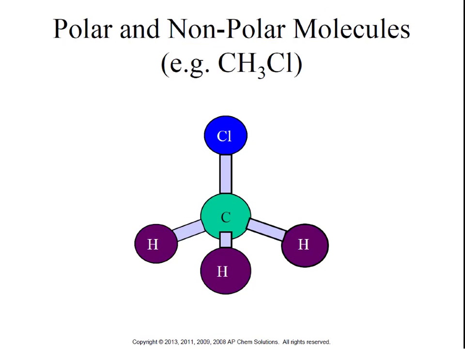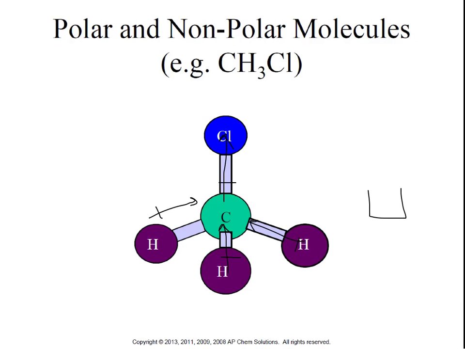However, it's not just the shape, it's the arrangement of the shape as well. Here's another tetrahedral molecule. We've got carbon bonded to hydrogens and to chlorine. Carbon is more electronegative than hydrogen, which means that the carbon is going to pull the electrons towards it from the hydrogens, and then the chlorine is more electronegative than the carbon, and so it's going to pull carbon's electrons towards it.